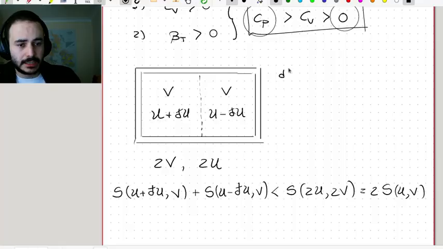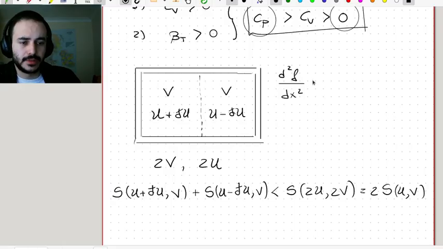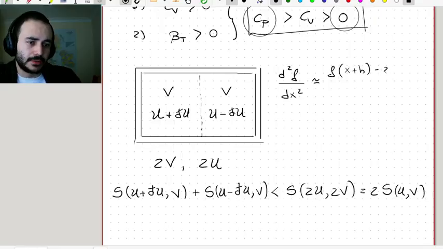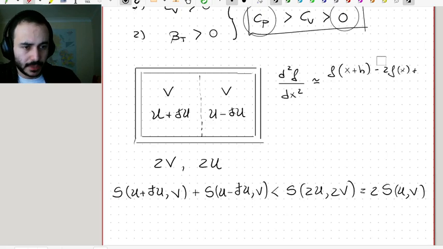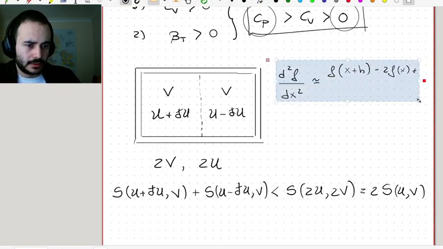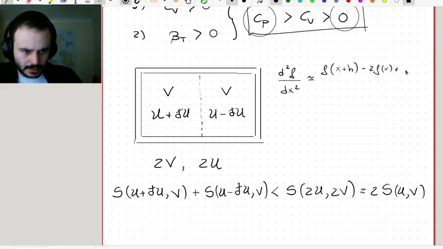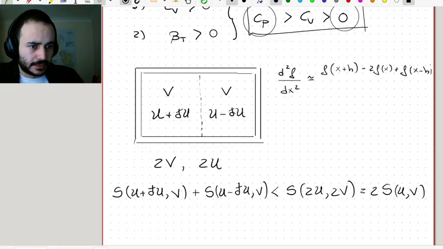If you have any function of x, the second derivative you can approximate as the function evaluated at x plus h, minus twice the function at x, plus the function at x minus h, everything divided by h squared, okay?